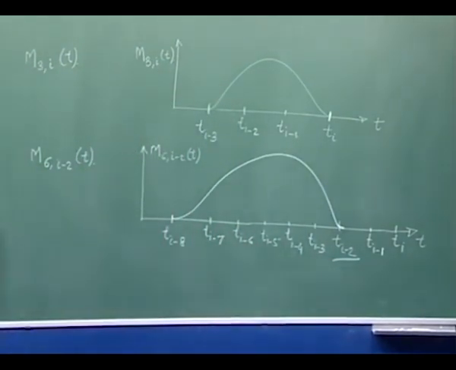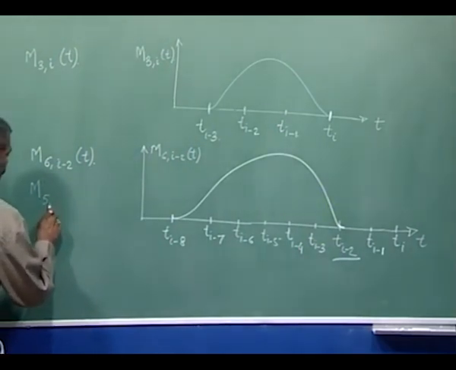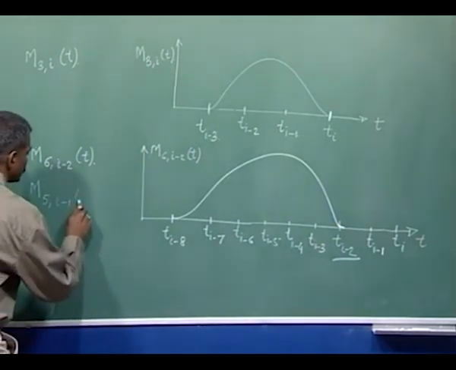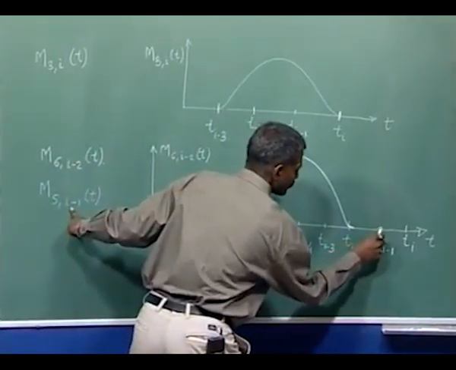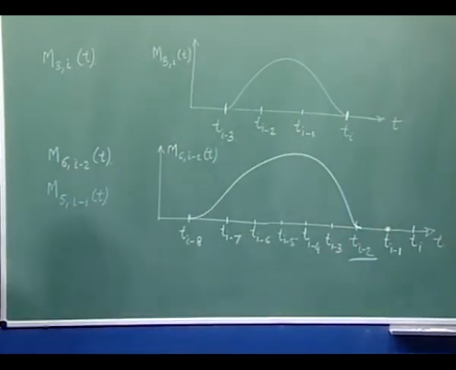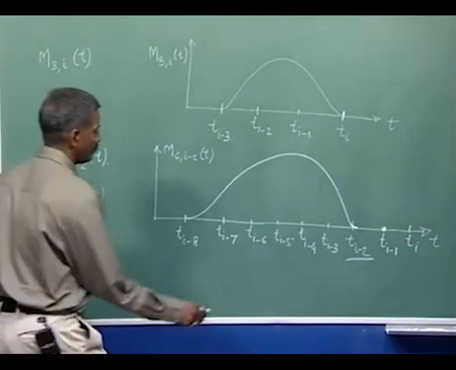If I ask you to plot over this, M, let's say, 5,(i-1)(t), would you be able to do that? Our starting knot is t_(i-1), which is this one here. Our first knot is t_(i-1-5), which is t_(i-6), which is this knot here.